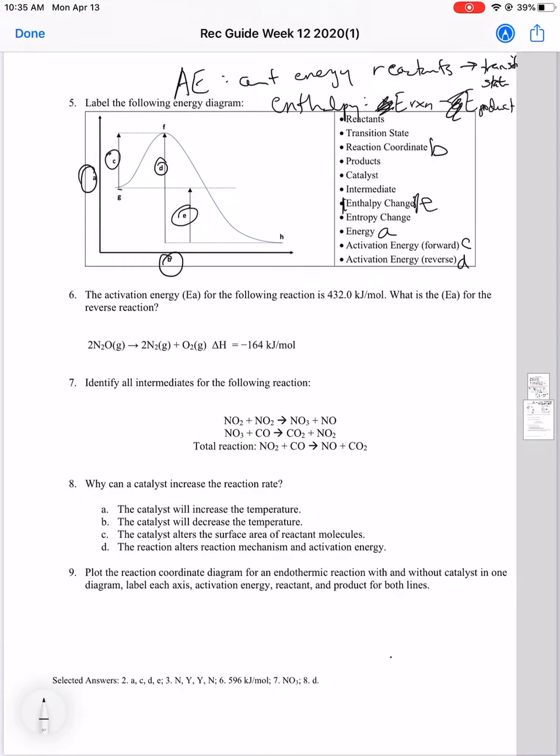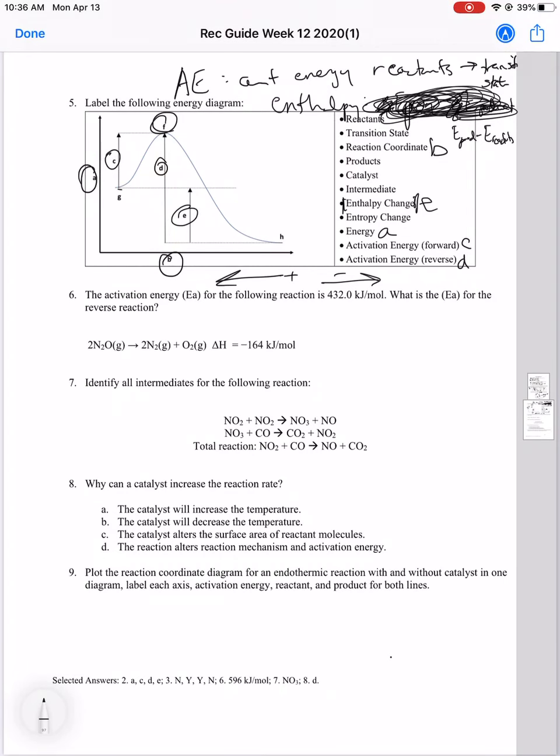I'm just going to erase that. That's wrong. If you want the enthalpy, it's going to be the energy of the products minus the energy of the reactants. But yeah, it's easier to look at the graph. So sorry I got that wrong, but basically the enthalpy change is always going to be either positive or negative. It's positive when you go in this direction. When you go in this direction, it's negative.